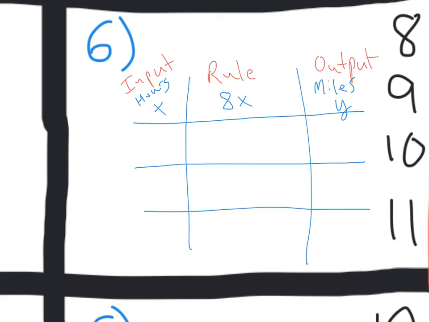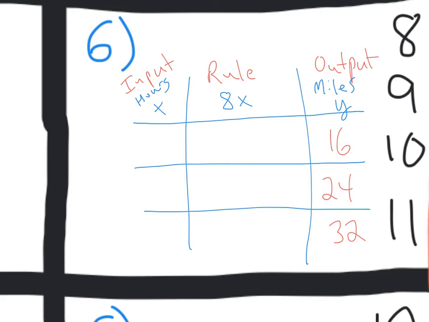And we can explore that more as we go through this problem. Then graph the function. Ooh, so we're also going to have to use some coordinates here. Okay, let's figure this out when there's 16, 24, and 32 miles.